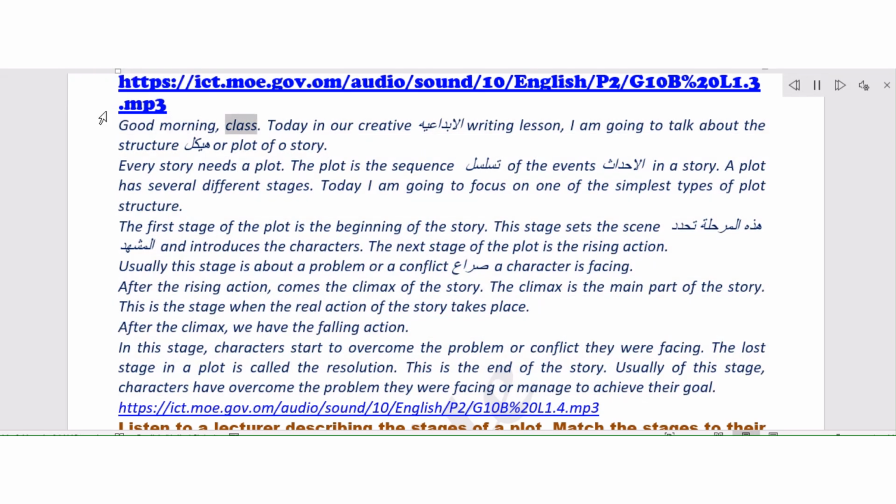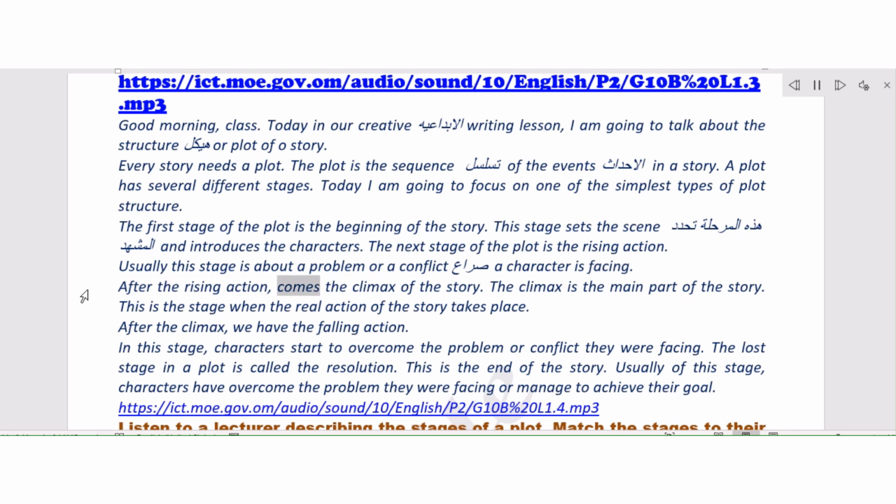Good morning, class. Today in our creative writing lesson, I am going to talk about the structure or plot of a story. Every story needs a plot. The plot is the sequence of the events in a story. A plot has several different stages. Today I am going to focus on one of the simplest types of plot structure. The first stage of the plot is the beginning of the story. This stage sets the scene and introduces the characters. The next stage of the plot is the rising action. Usually the stage is about a problem or a conflict a character is facing.